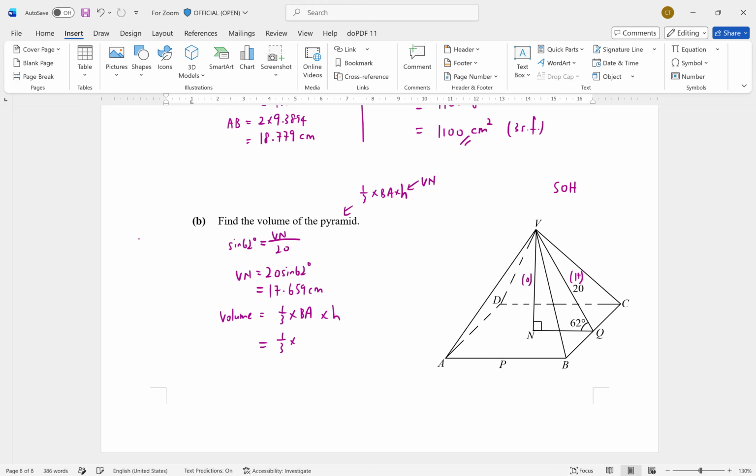So we use 18.779 squared, the base area, times the vertical height 17.659, times 1/3. That gives us 2075.8, which rounds to 2080 cm cubed. So this is a question regarding the surface area and volume of a pyramid. Not too difficult.